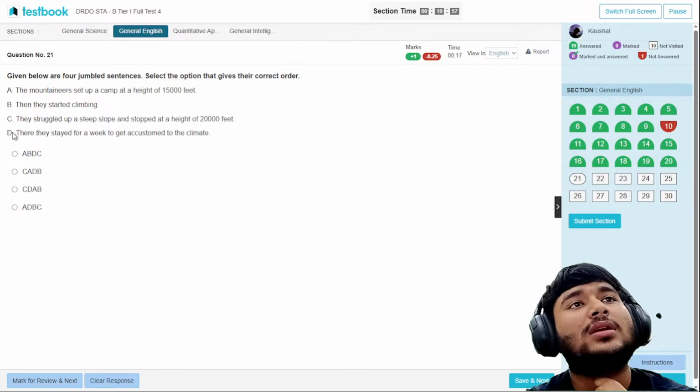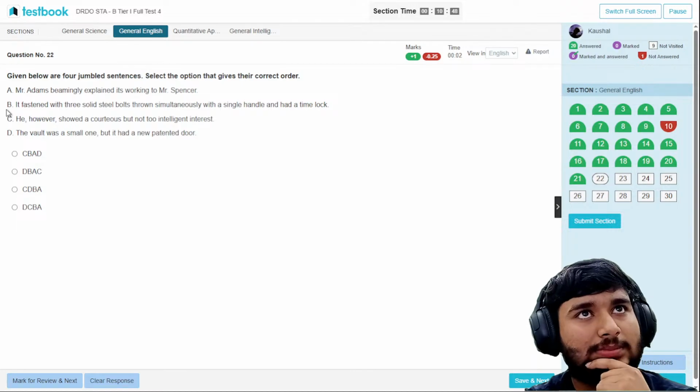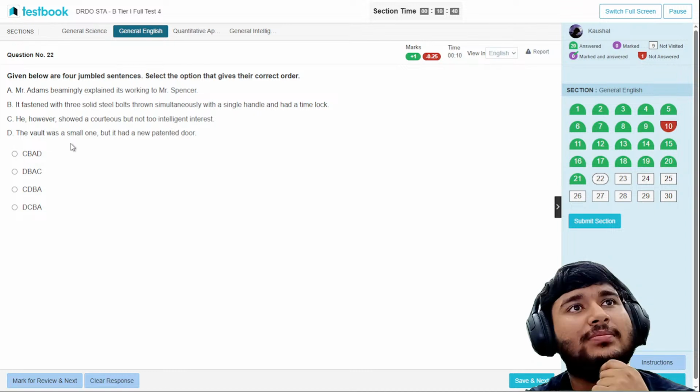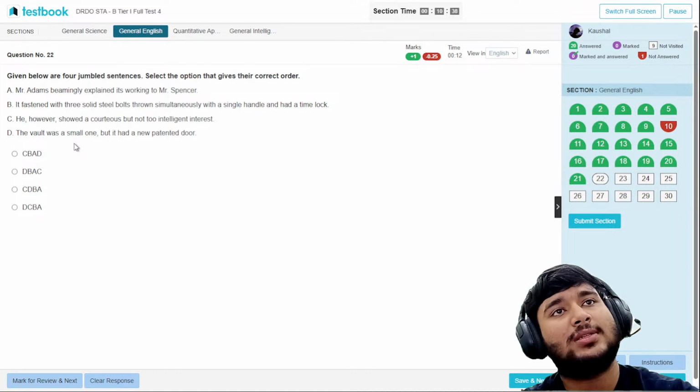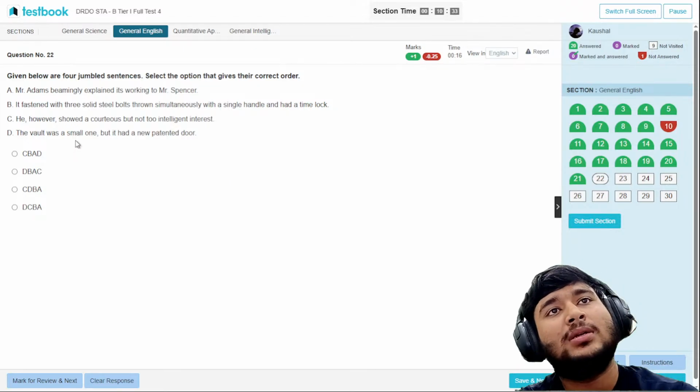ADBC. The vault was a small one, but it had a new patented door.